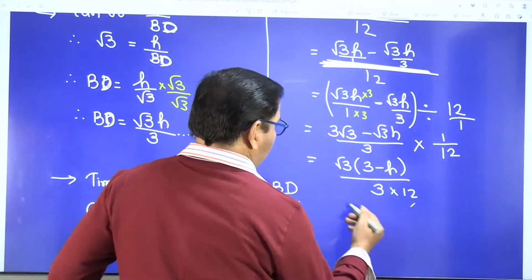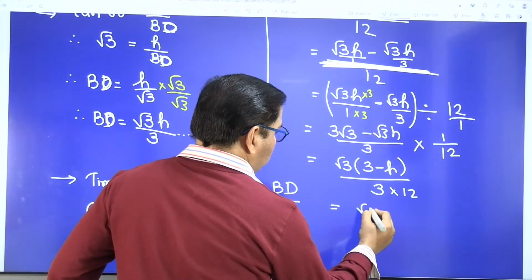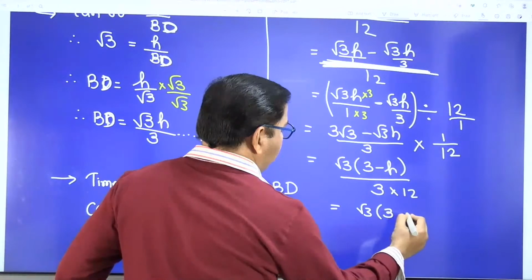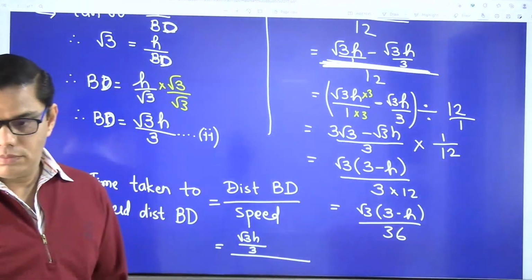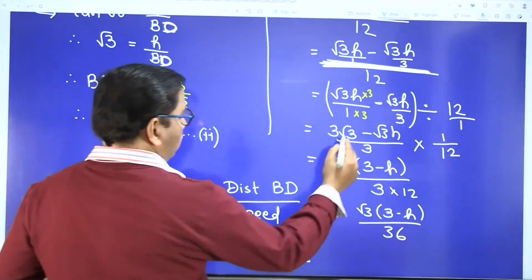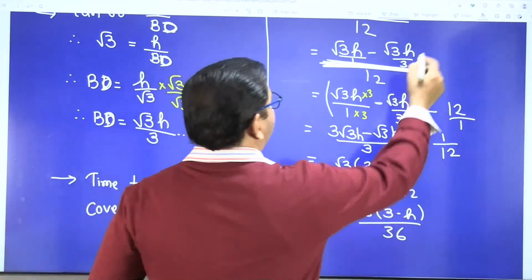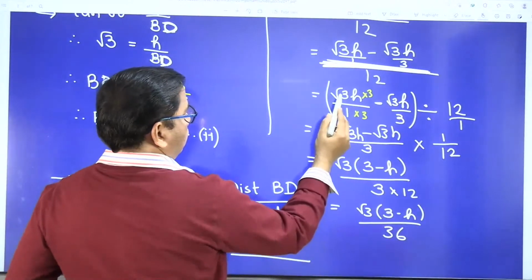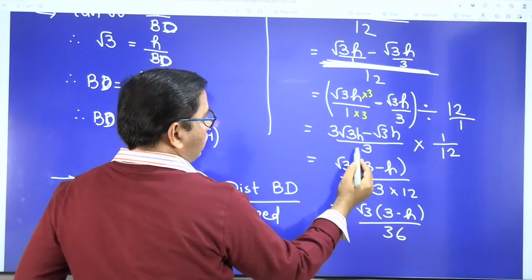Okay. So this is what? Root 3 into 3 minus h upon 36. Correct? Here we have h. 3 root 3h. Okay, so 3 root 3h minus root 3h upon this.